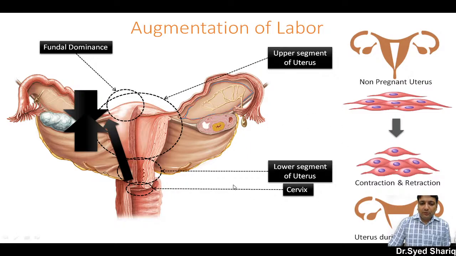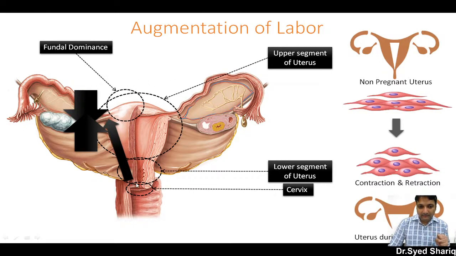What I want to emphasize is that the elongation of the cervix and the increase in the diameter of the cervix, the opening of the birth canal, all take place because of these fundal contractions. The upper segment contractions are very important.